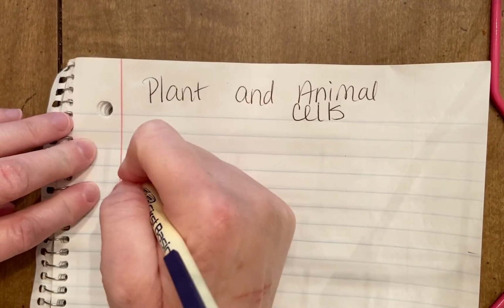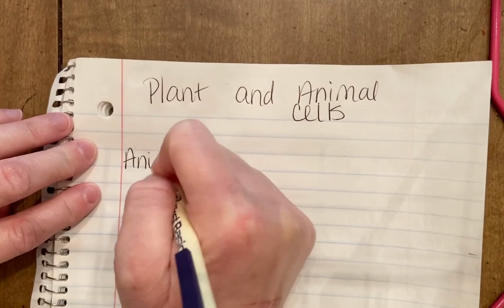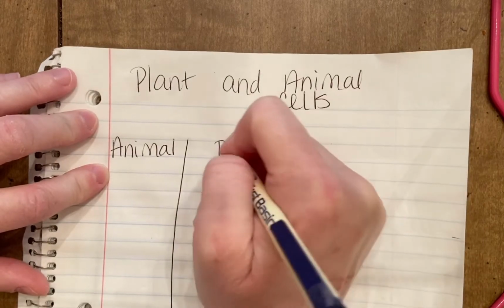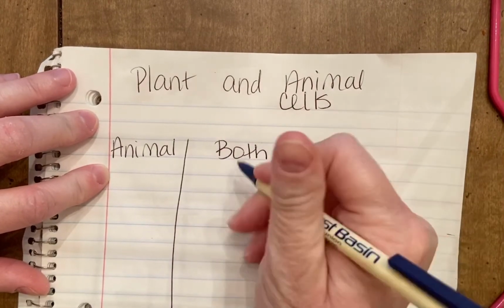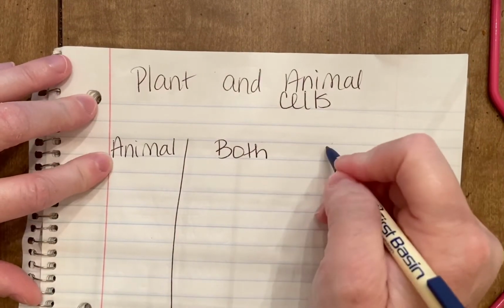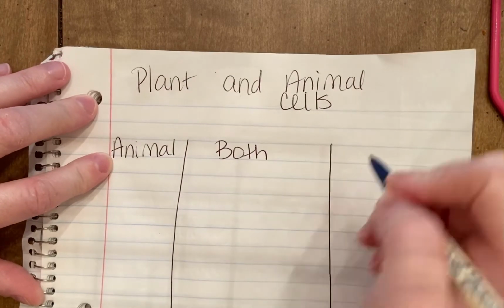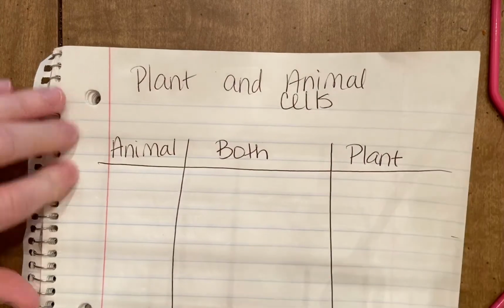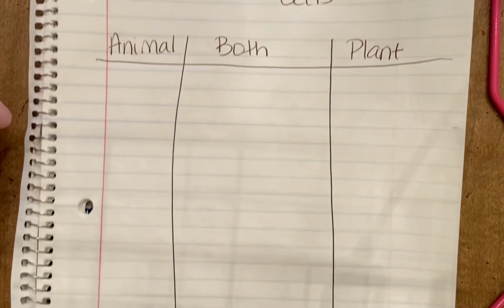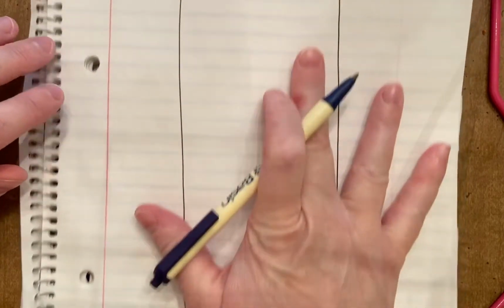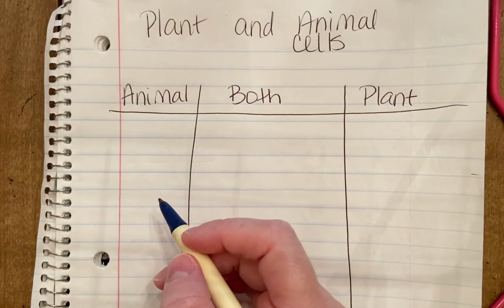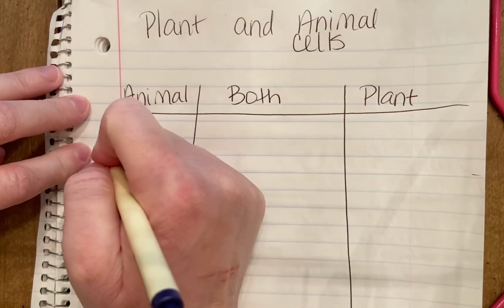I'm going to write animal here. Both means it's found in plant and animal cells. And then plant here. Let me just show you what I did on my page. In animal cells, they have small vacuoles.